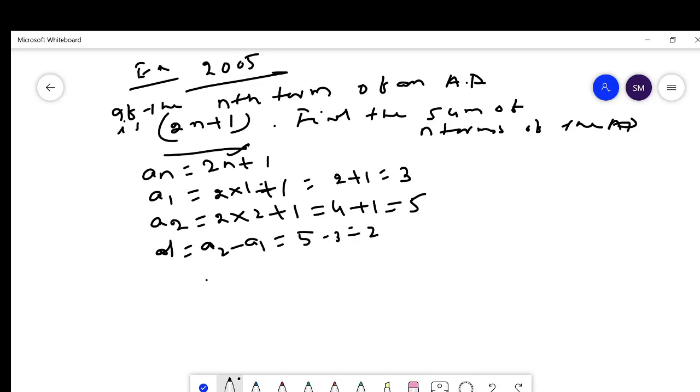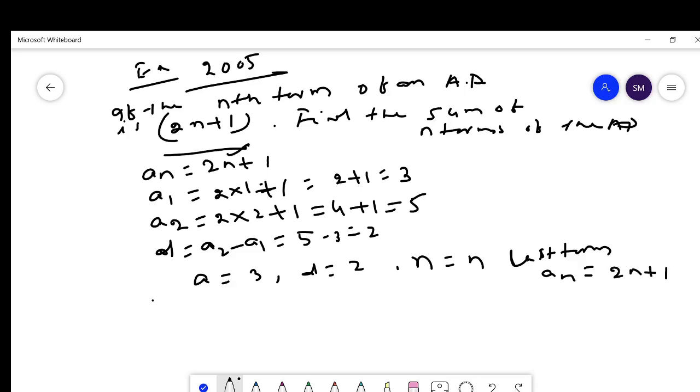Then here we get a equal to 3, d equal to 2, and n equal to n. Then we have to find out Sn, and the last term an is equal to 2n plus 1.